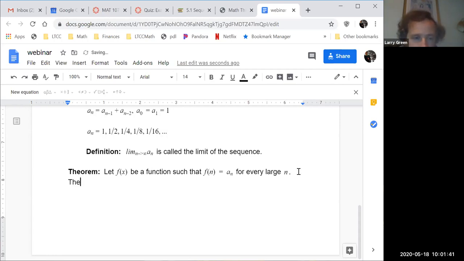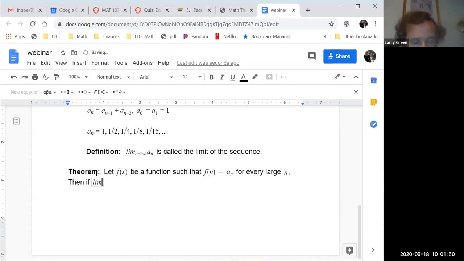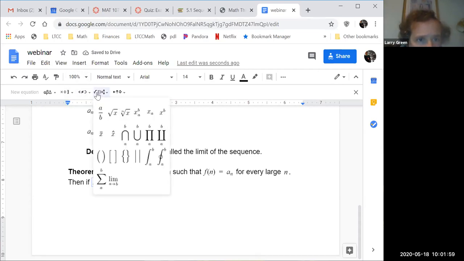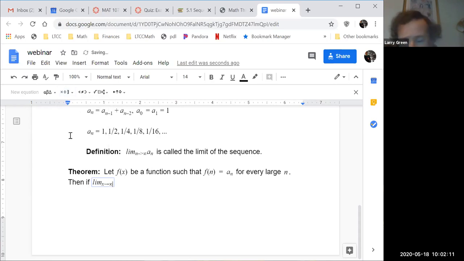Then, if the limit as x approaches infinity of f of x is equal to L, then the same is going to be true.